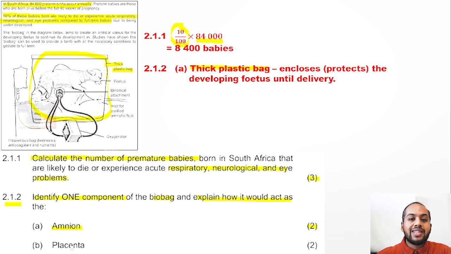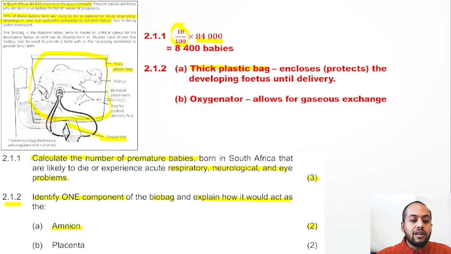Then B, the placenta. Now we look at which section on this diagram is showing us the placenta. You also have to think about the function of the placenta in order to get the correct answer. So if we look at this oxygenator here, the oxygenator is going to be attached to the growing fetus, and it's going to allow certain things to pass through.